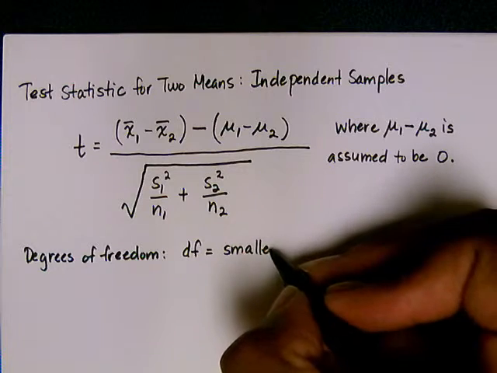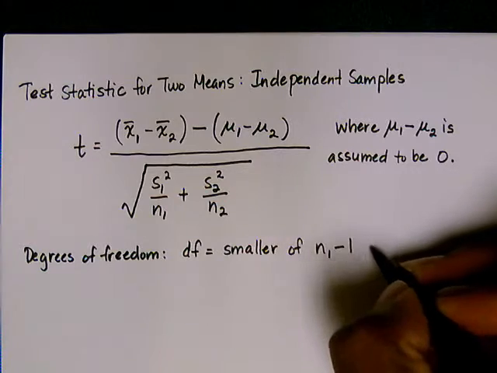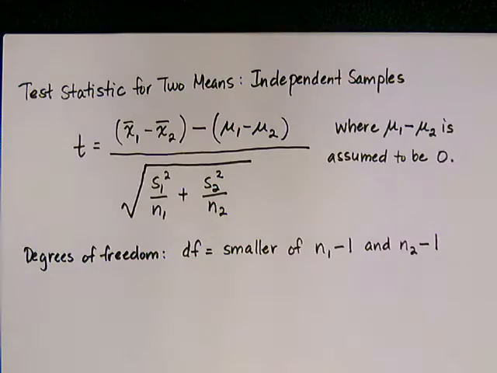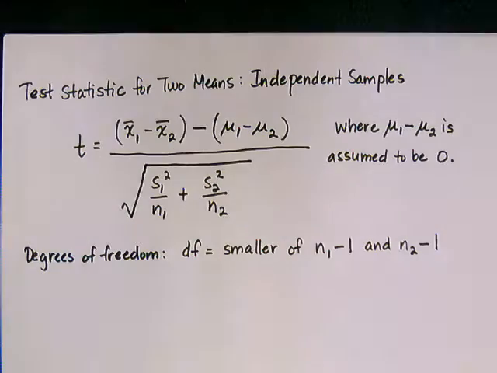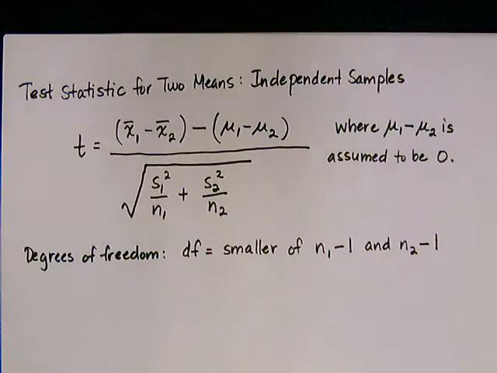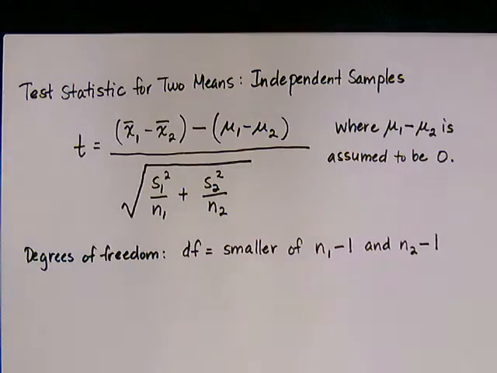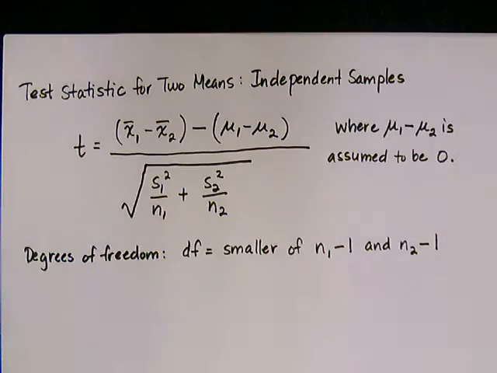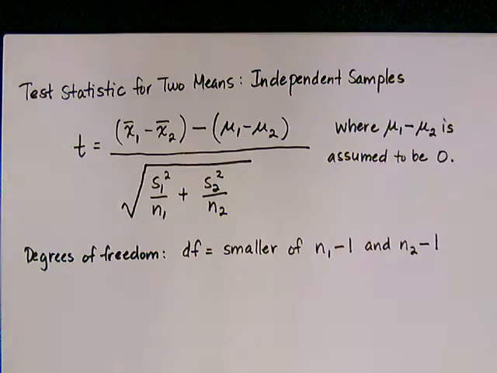Since we're dealing with two means, we're going to use the smaller of n1 minus 1 and n2 minus 1. Usually the degrees of freedom for one sample will be n minus 1, but here we're dealing with two samples. So we're going to be using the smaller of the two, and it's the conservative number that we're going to be using.